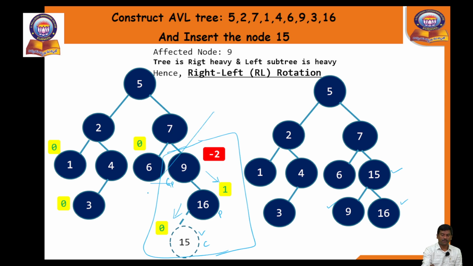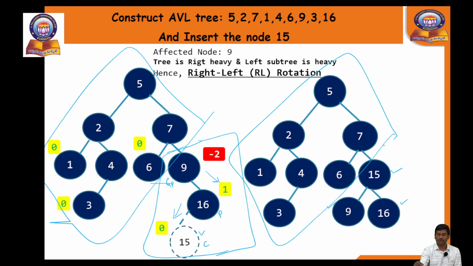And the remaining portion of the tree remains the same. That is what you can observe from this diagram. So start looking from the node that has been affected. From that perspective, you have to make the modifications according to whether it is an LL rotation or an RL rotation.